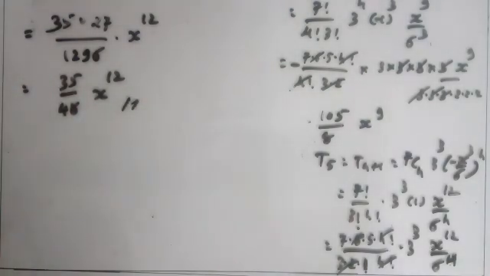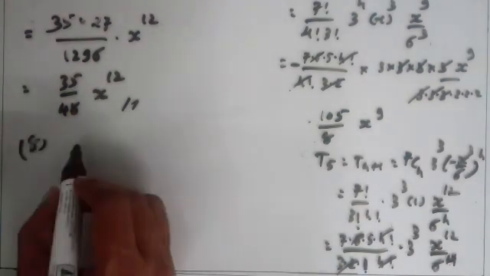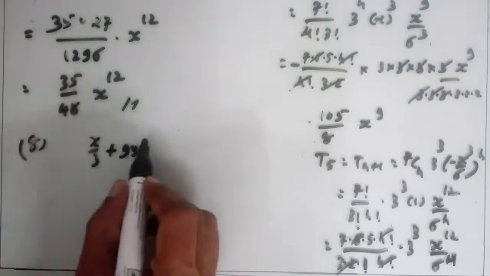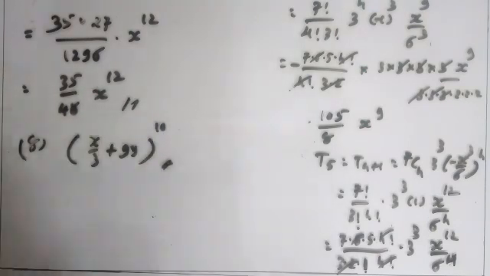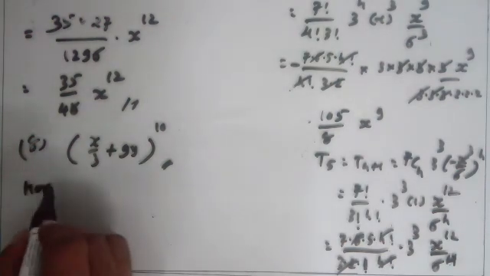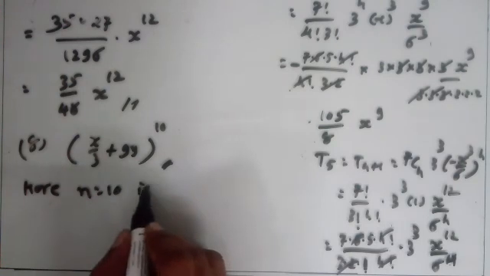Now next, the same question given in question number 8: (x upon 3 plus 9y) raised to 10. Find the middle term. Here n is equal to 10, which is even.